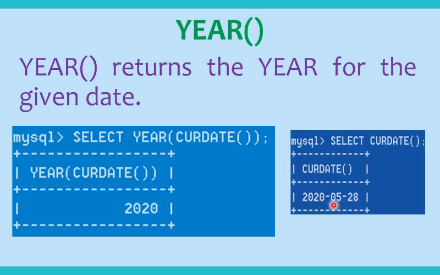So it shows the current date and time, 28th May 2020. Now we are taking this function within the year function, means the output of the current date function will be the input for the year function. So it extracts the year part, that is 2020.